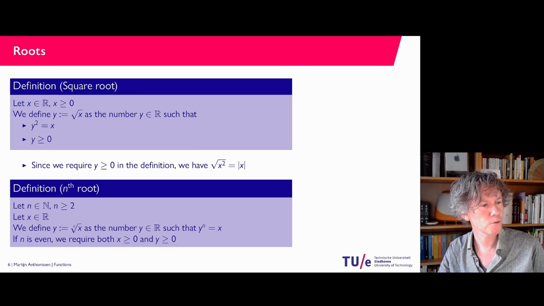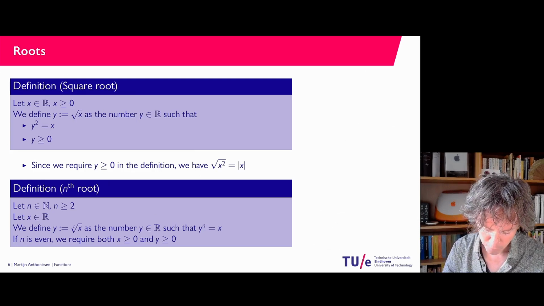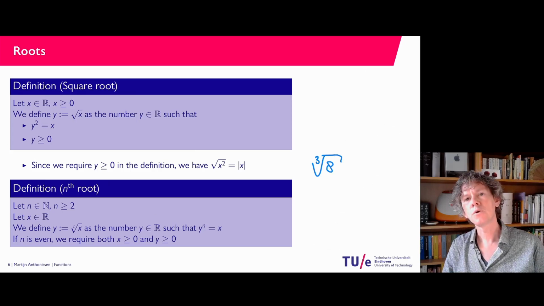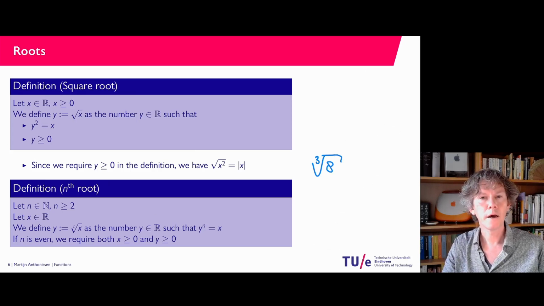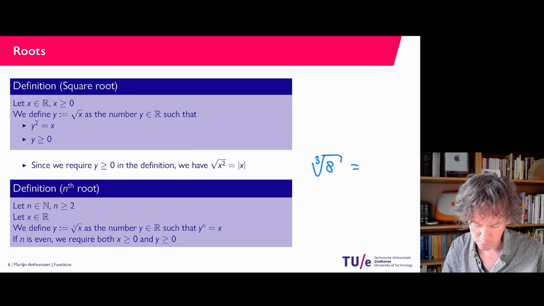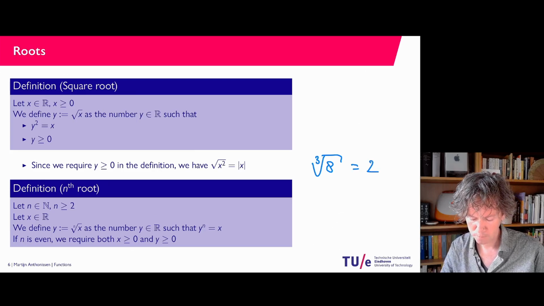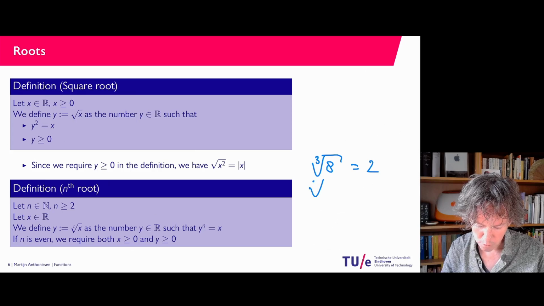That seems very dry, but what it means is that if you take, for instance, the cubic root of 8, then we are looking for the number y such that y to the power 3 equals 8. And if you think a little bit about that, you will see that that equals 2. And if we take the cubic root, we can also do that for a negative number.